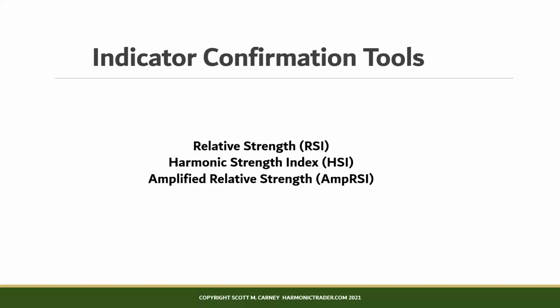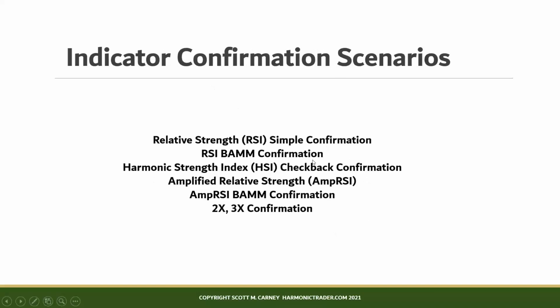These are the three primary indicators that are featured on the platform. I will do a quick review of them tomorrow on how we look at each of those. We'll look at not only the tools, but also the scenarios, and what needs to be there.